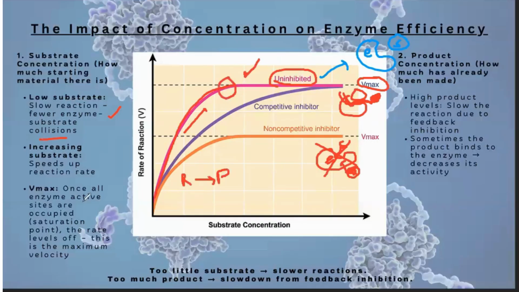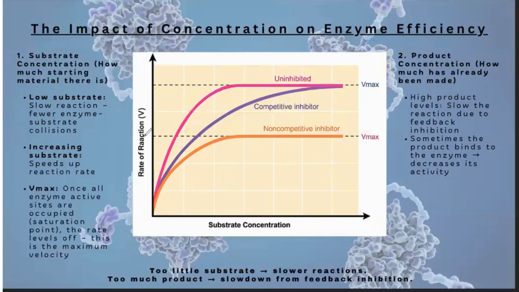This means that we've reached a saturation point where we have the maximum amount of enzymes and the maximum amount of substrates that can attach, which means that we have attained the maximum velocity. That is the ideal situation. So this curve right here is when conditions are perfect. You have enzymes, you have substrates, there's nothing bothering it, and you are uninhibited. You go from reactant to product and you reach that maximum velocity.